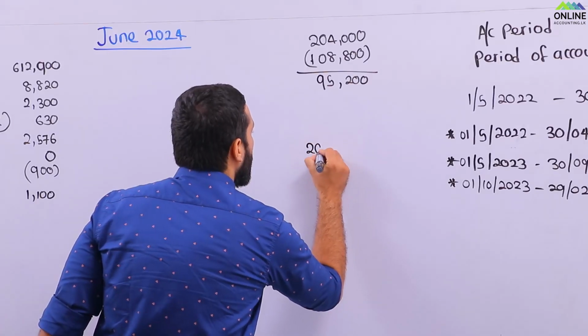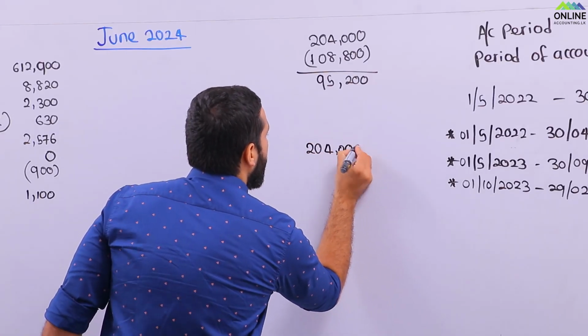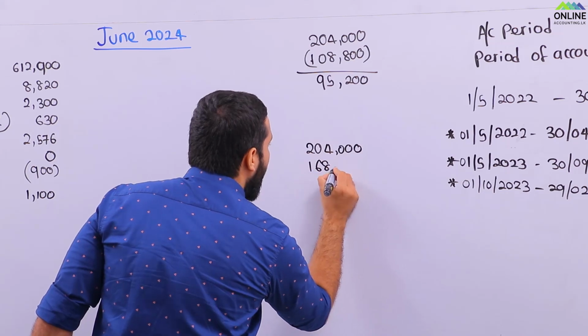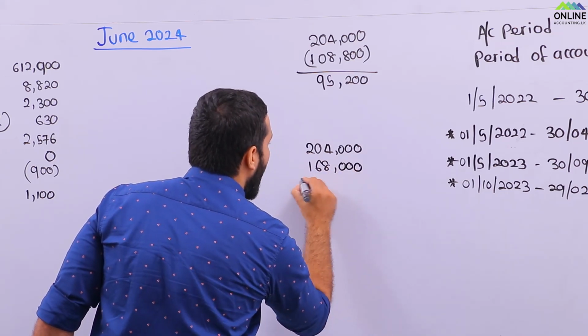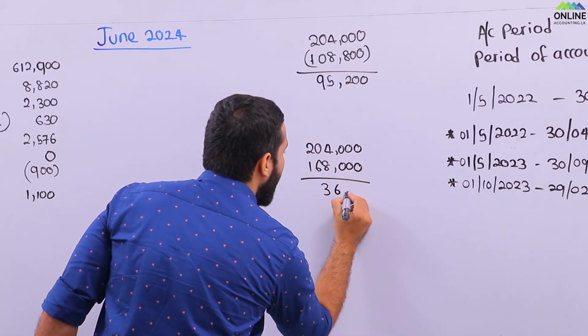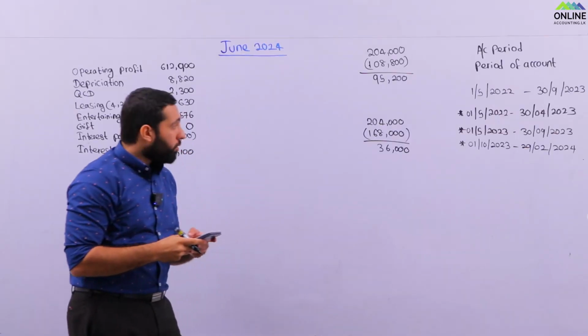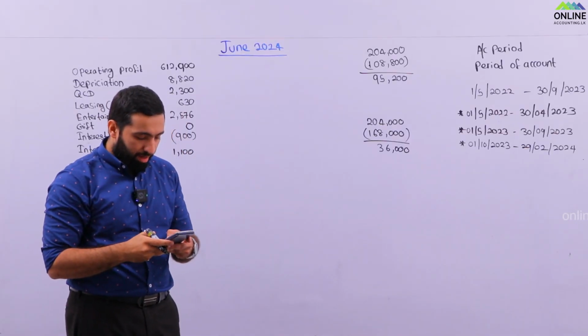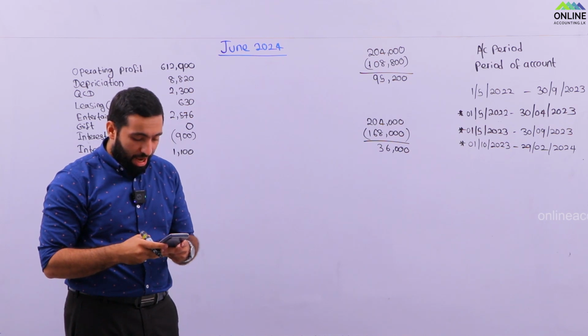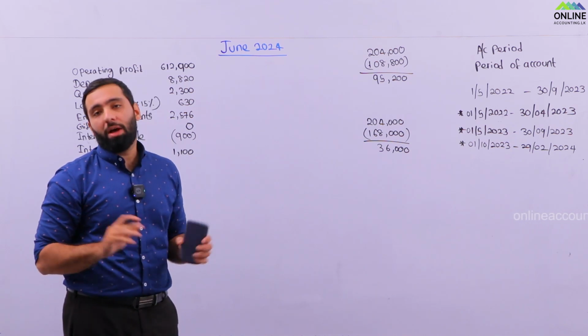So 204,000 minus 168,000. How much is this value? 36,000. Am I correct? 204,000 minus 168,000 is 36,000.